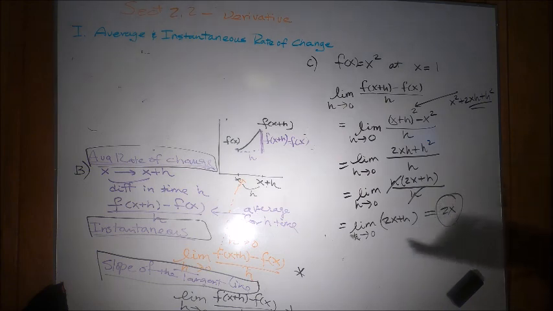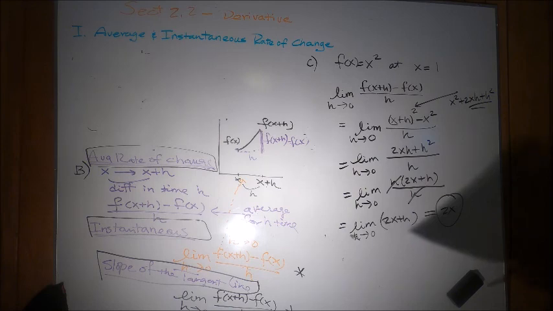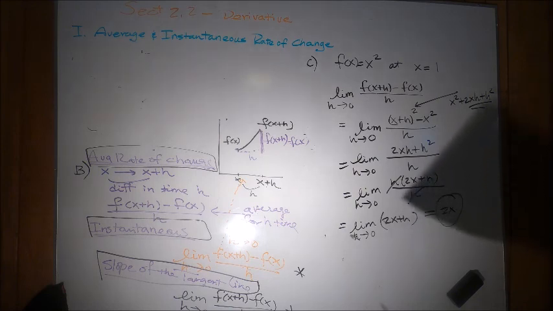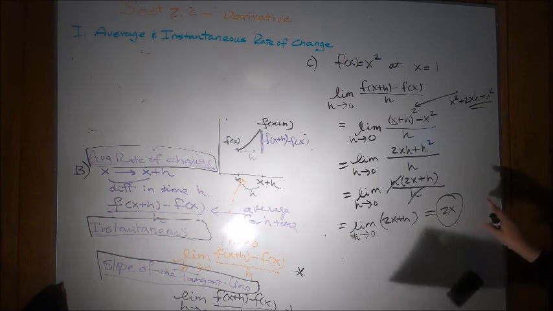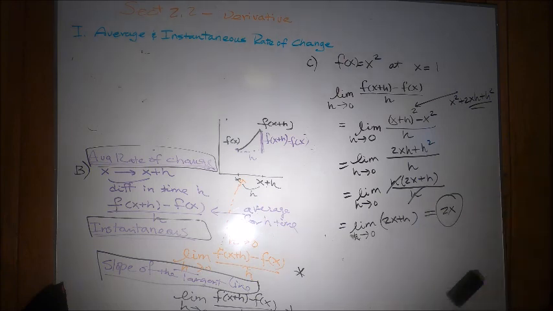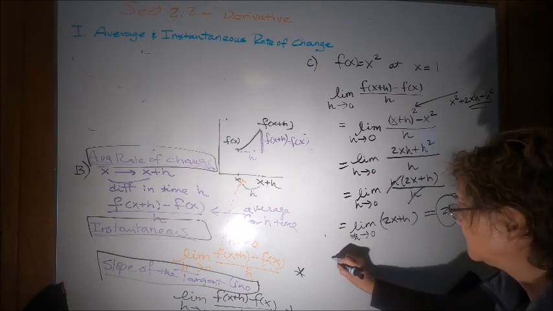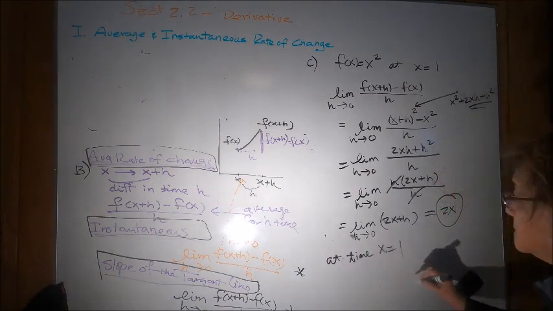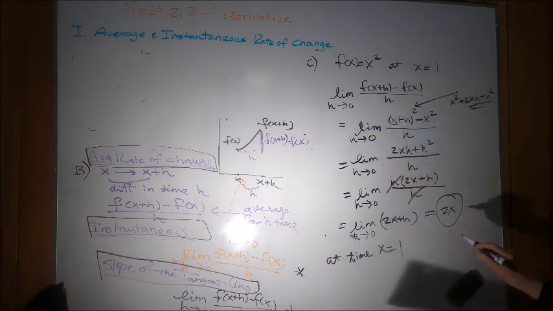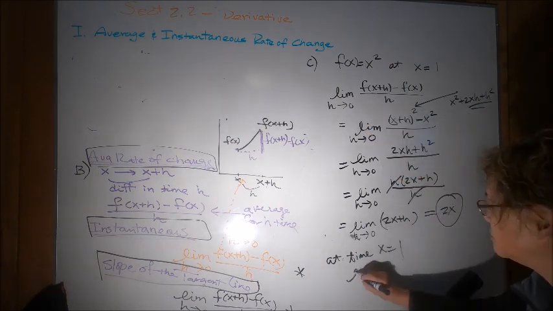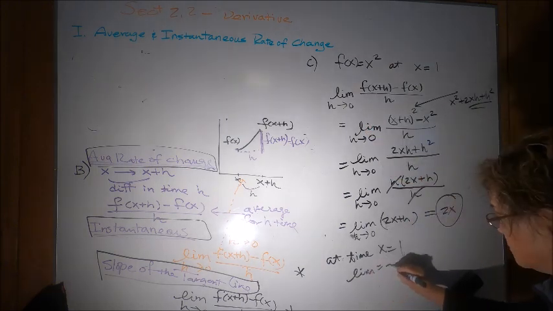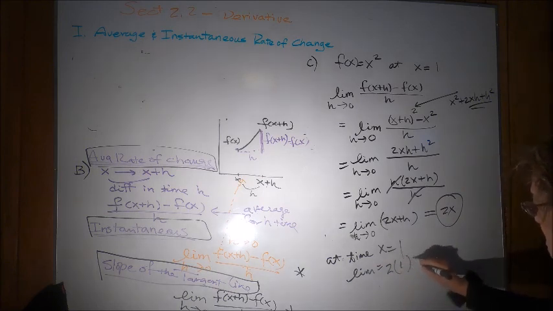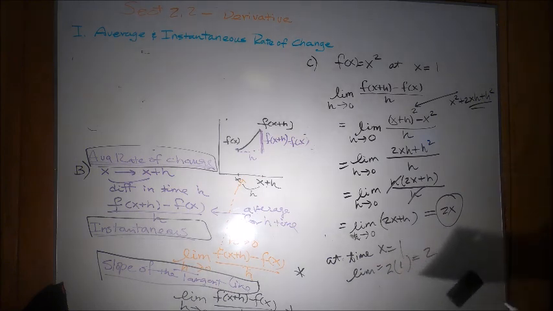The question is saying find the instantaneous rate of change at the time x is 1. That means x is 1. What's your limit? Limit is 2x. You plug in 1, so your limit is 2.